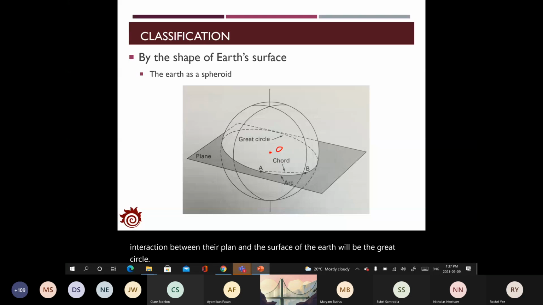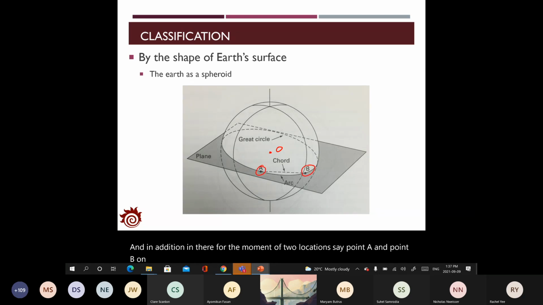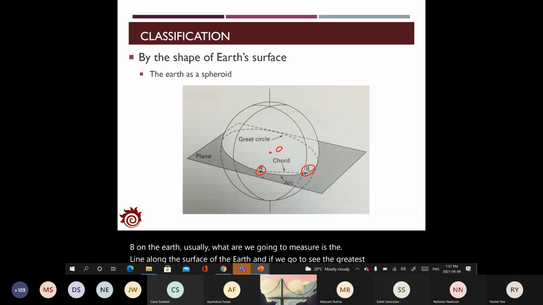In addition, for the measurement between two locations, say point A and point B on the Earth, usually what we measure is the line along the surface of the Earth. If we look at the great circle, that will be an arc.